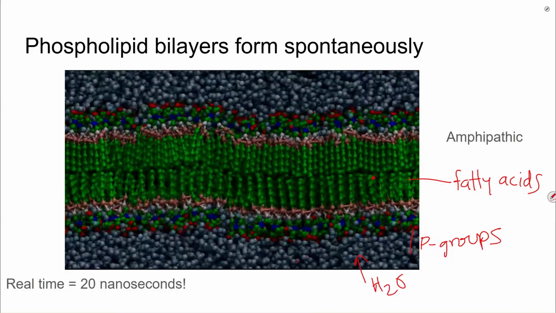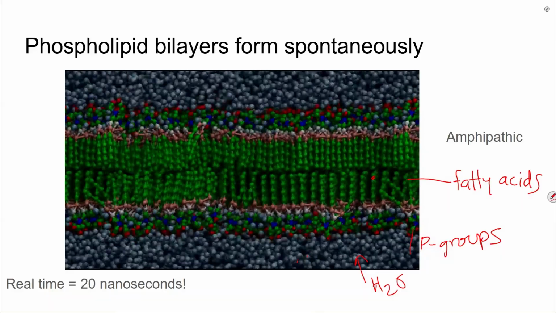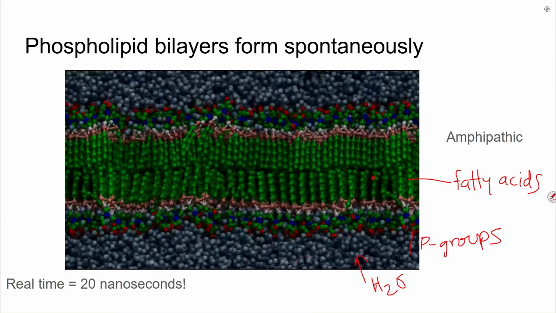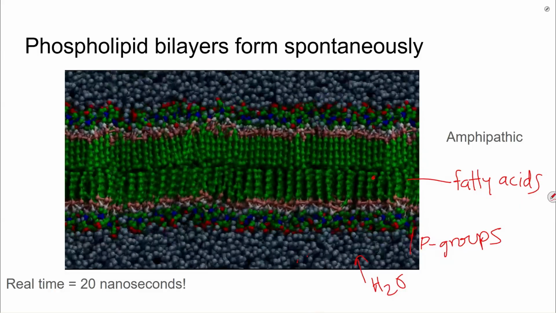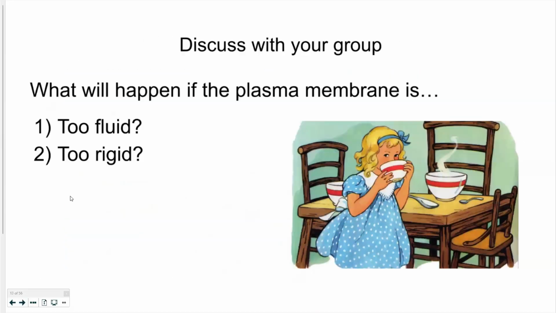that these do this because if we didn't have this spontaneous formation of the plasma membranes, life would look very different than it does. So let's kind of take a minute to think about this and do some brainstorming: if your plasma membrane is too fluid, what would happen to a cell?